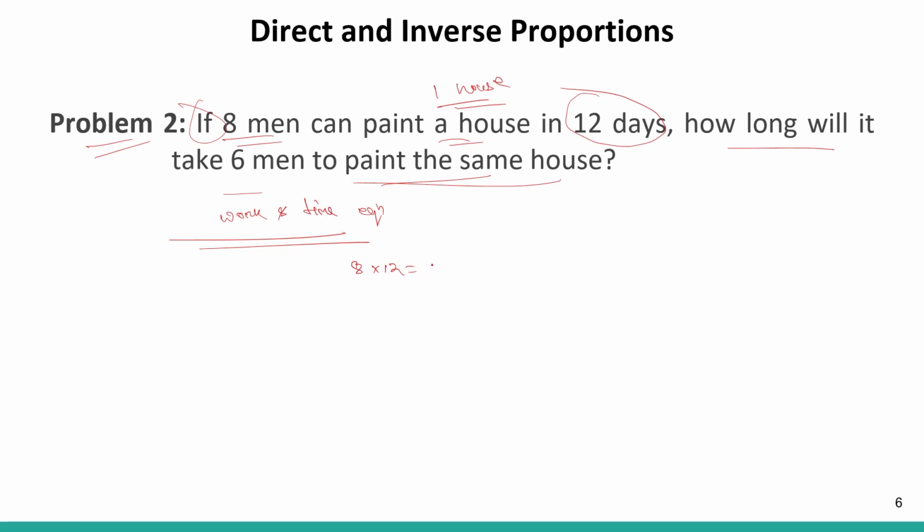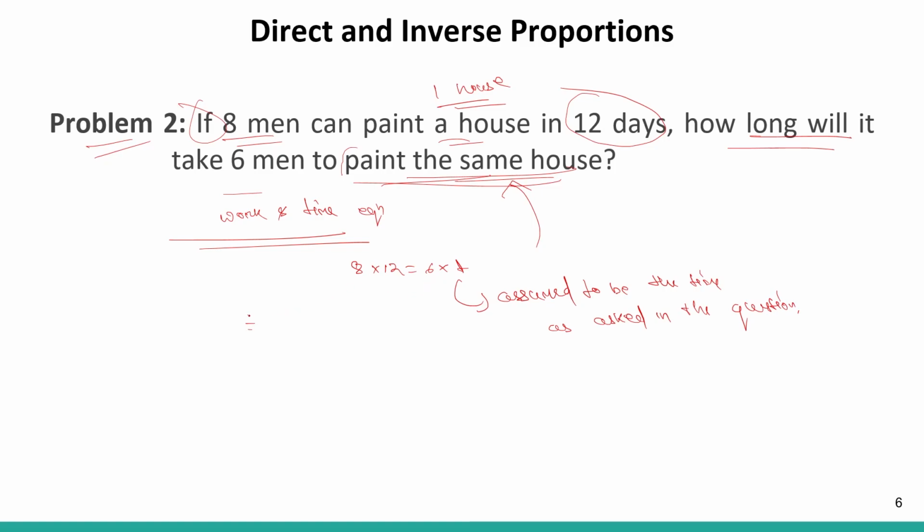So 6 into T, let's say, where T is assumed to be the time as asked in the question, that is, the time to paint that same house using 6 people.